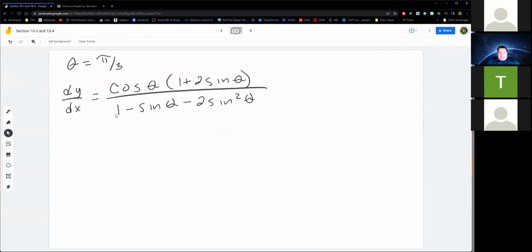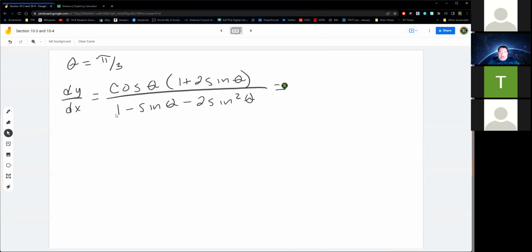So we've got theta is pi over 3, and we've got my slope there. Now I just have to plug in pi over 3 to find out what the slope is at that point.